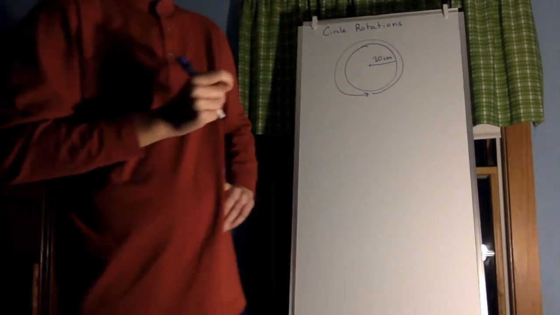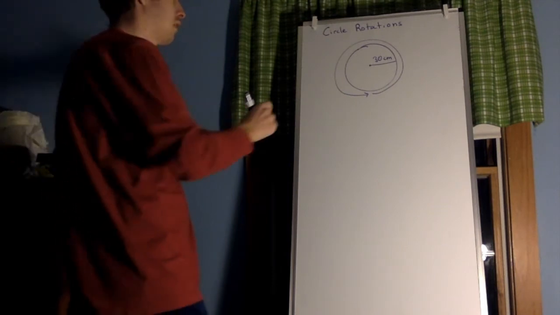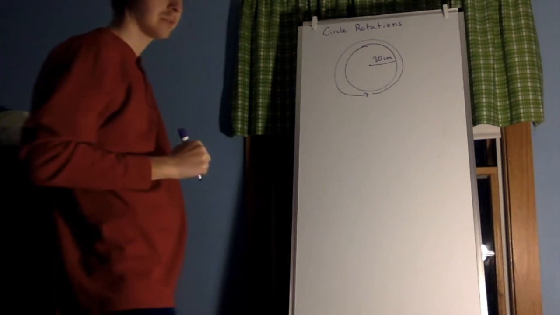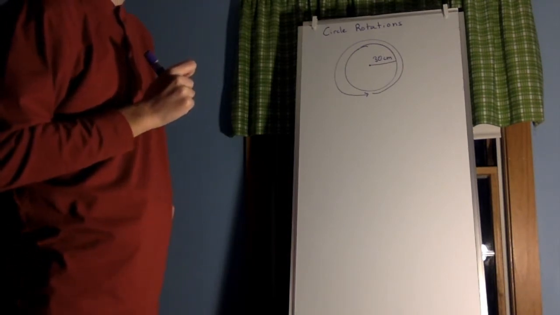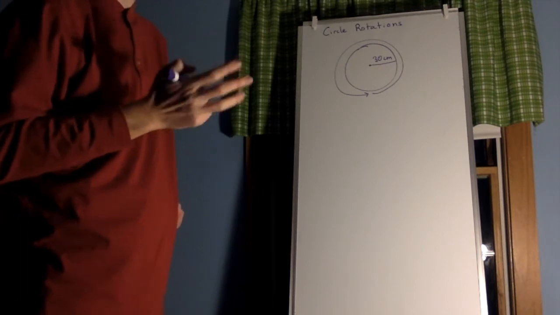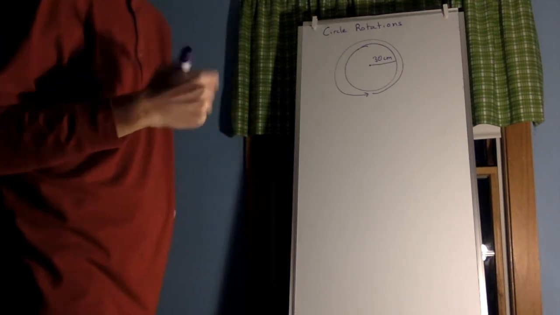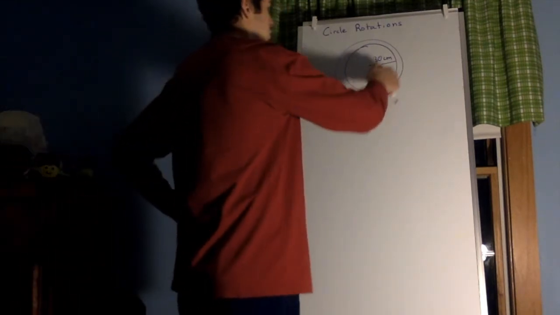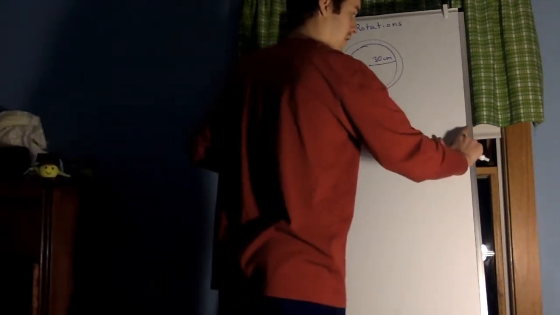So if we know our circumference, we know how long one rotation will be. And if it's asking for 3 rotations, we can just multiply our circumference by 3. We're kind of taking rotational movement and changing it into linear movement.